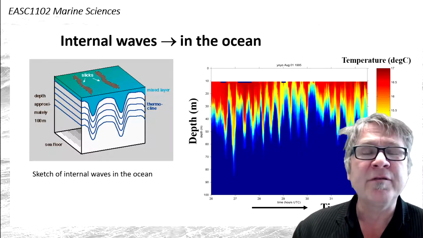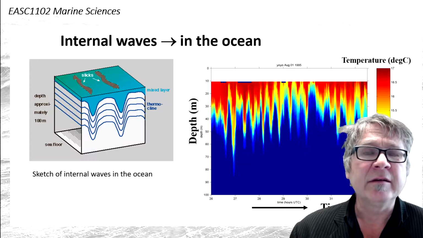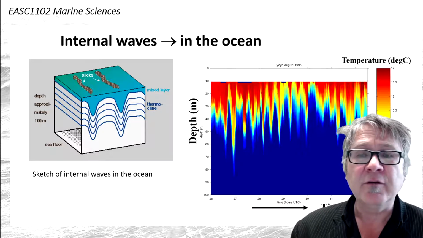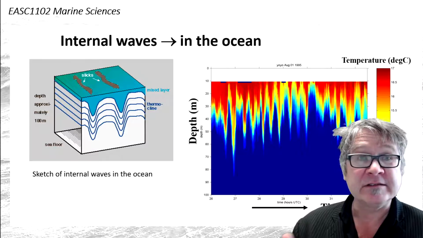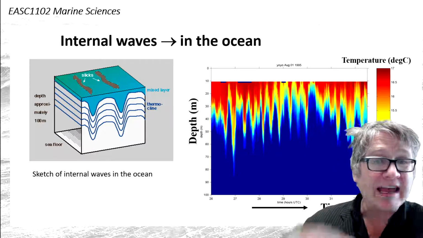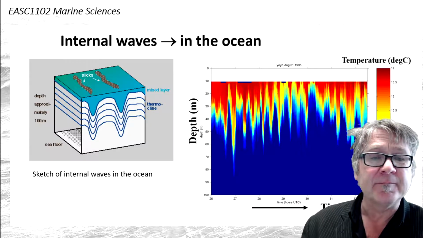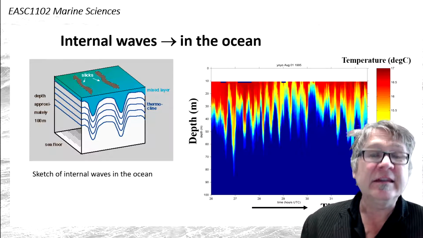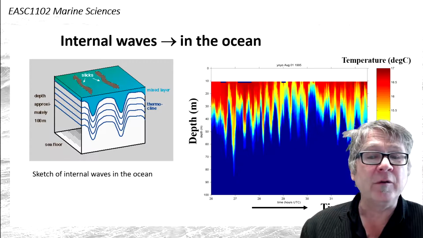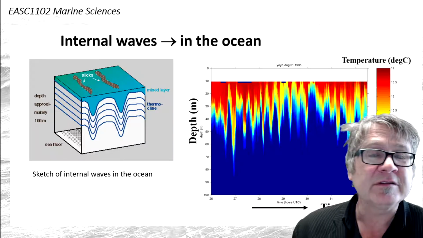Internal waves are created in layered fluids. In a situation where you have light water sitting over denser water, you have an interface, and the interface can swing up and down, similar to the surface.